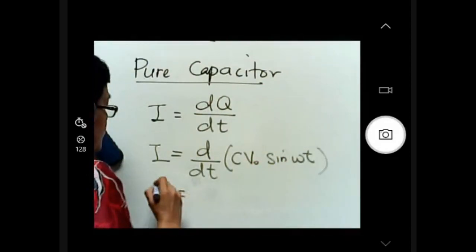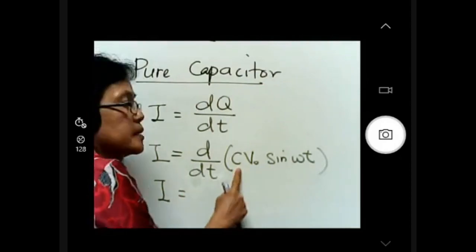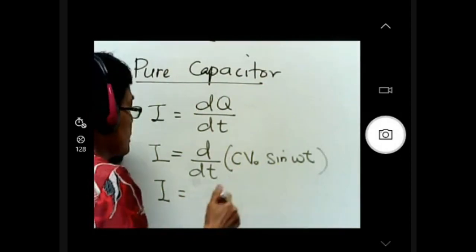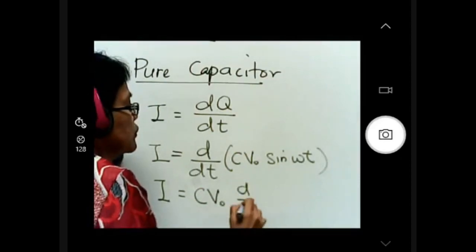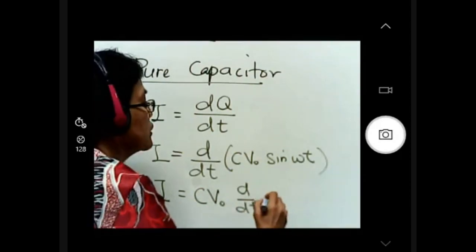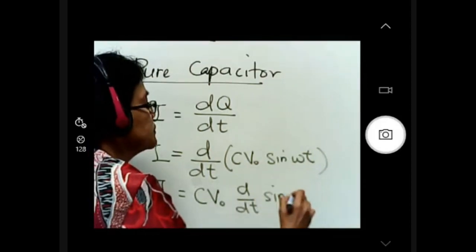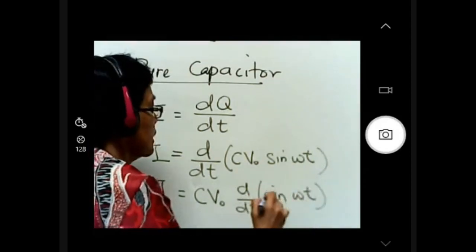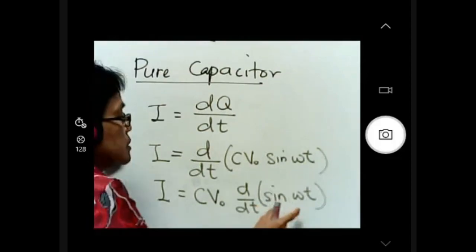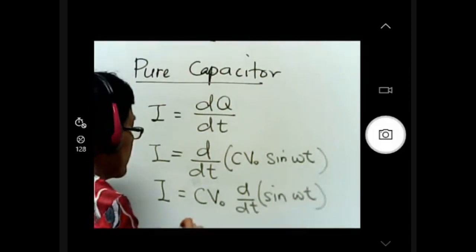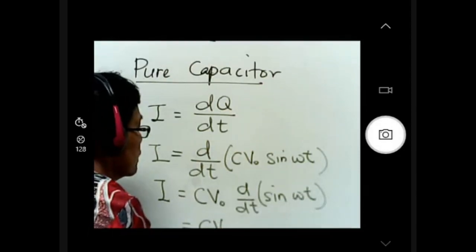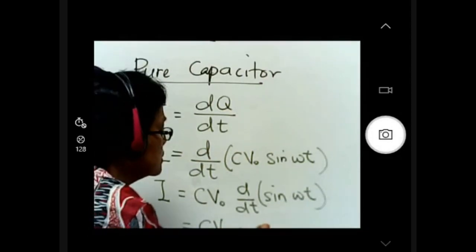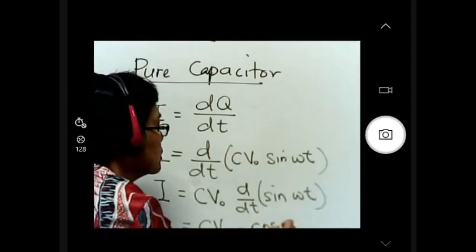Capacitance is a constant, V naught is a constant, so I can take it out. That means we only differentiate the sine function. So when we differentiate sine omega t, we will get C V naught omega cos omega t.